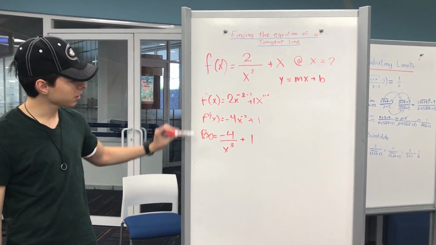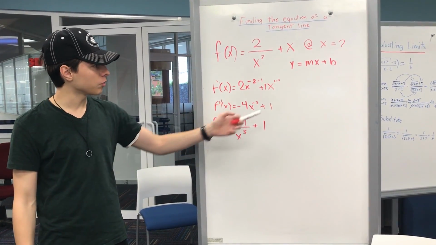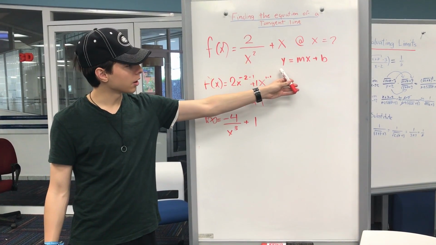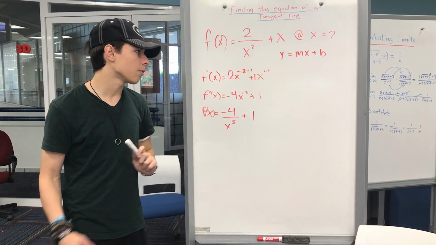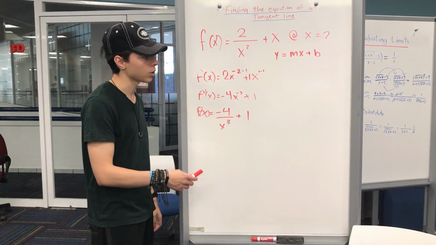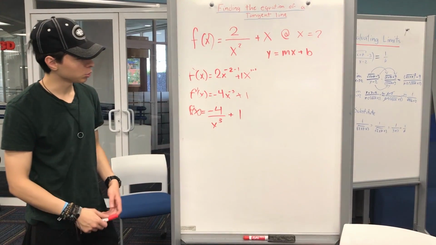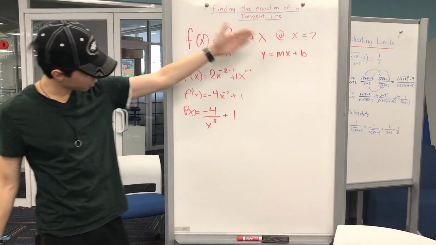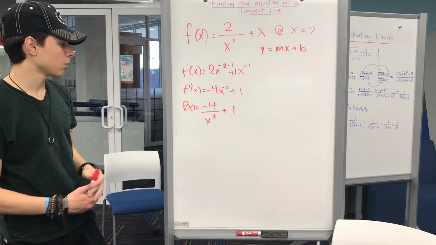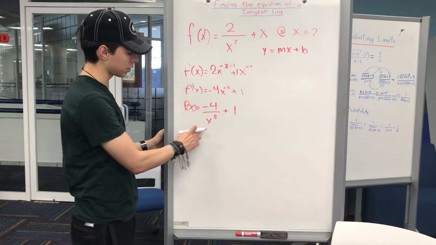After differentiating the whole equation, now we can proceed to find the elements we need to complete the equation, y equals mx plus b. And first of all, we need to start with m. We need to find the slope of the equation, and to do so, we're going to replace the x in x equals 2 in the equation we got after differentiating. So we will replace the x with 2.